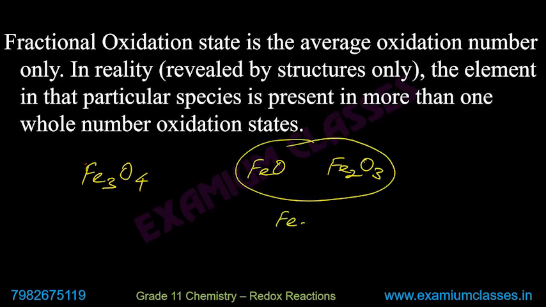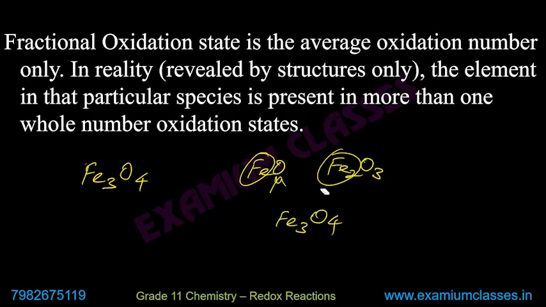So it results in Fe3, 1Fe and 2Fe, and O4, 1O, 3O. So when they combine, they form Fe3O4. And the oxidation states of iron in both of these is different. You know, FeO is actually ferrous oxide. Here it is +2 oxidation state, and in Fe2O3 it is +3.